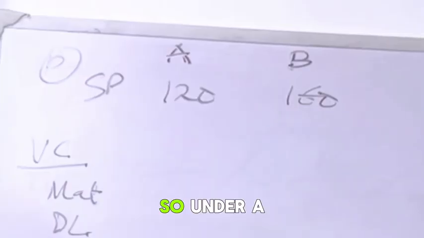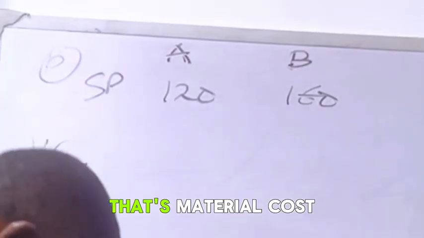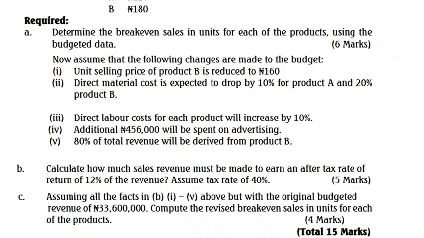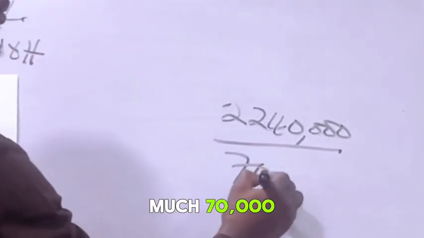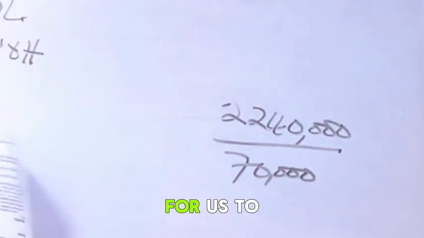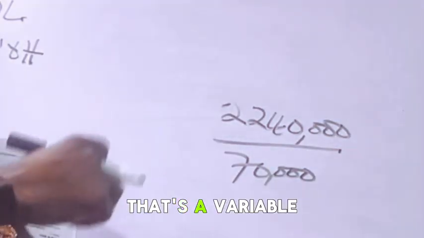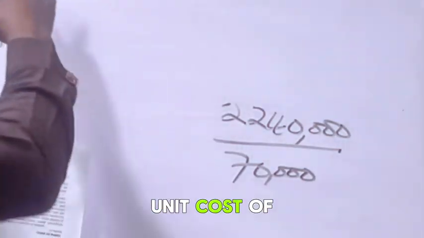This is A. Under A, direct material is 2,240, divided by 70,000, to get the unit cost of materials.